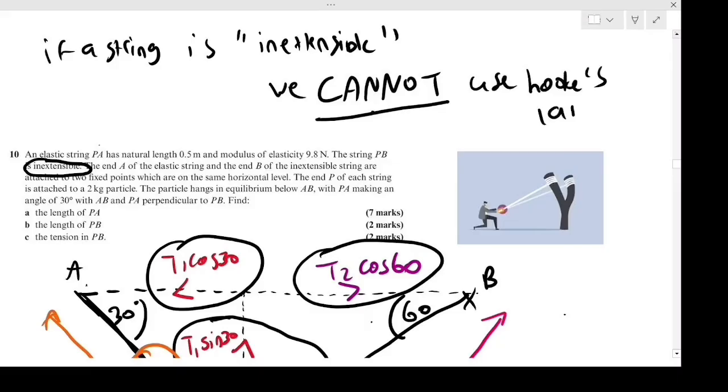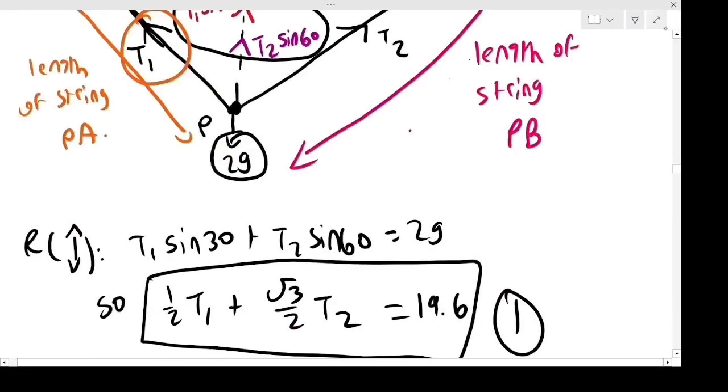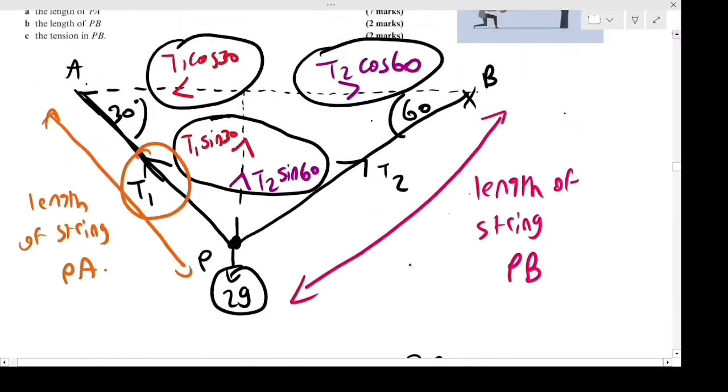We can only use Hooke's law for elastic strings, which is why we could use Hooke's law for PA, because it's elastic, but we cannot use Hooke's law for PB. So we're going to have to be a bit more basic, right? We're going to need to find the length of PB in another way. We're just going to need to consider this triangle then.